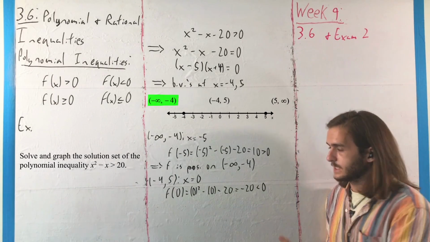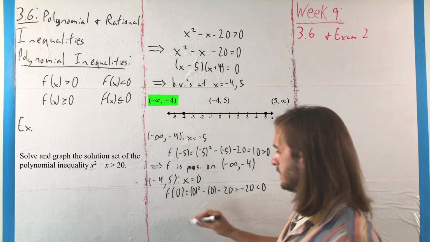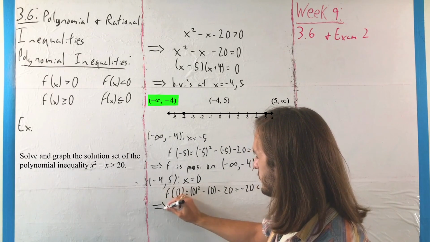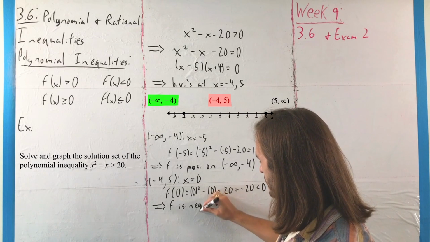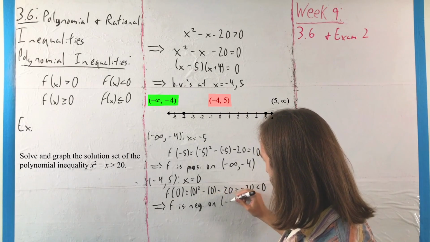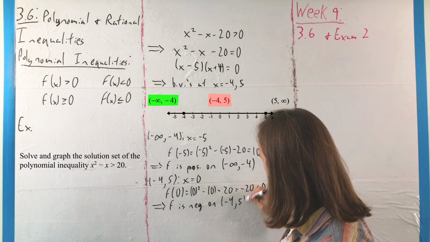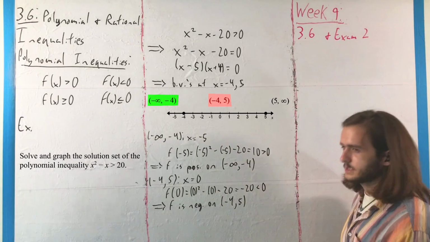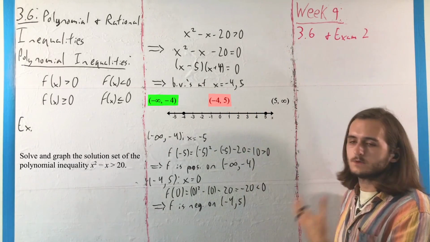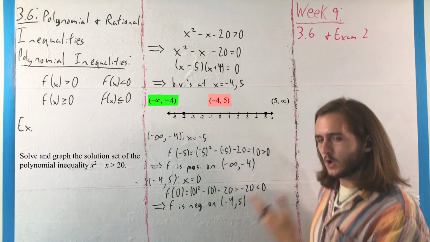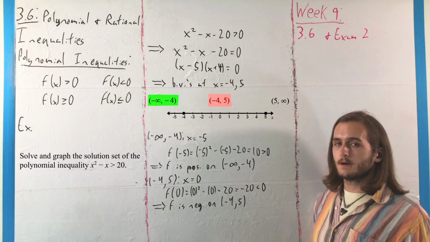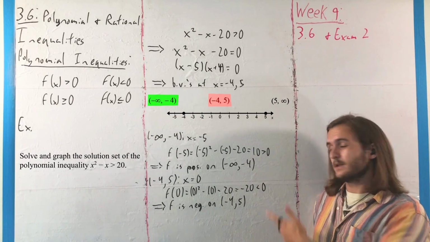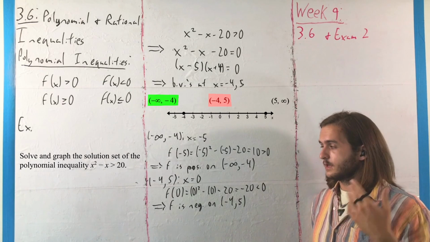And because it is less than 0 overall, that means our function f is negative on the interval from -4 to 5, because the only places it can change are at -4 and 5, so in the middle it's always got to have the same overall behavior of being negative in there. It might get closer to being positive somewhere other than 0, but that's what we're stuck with here.